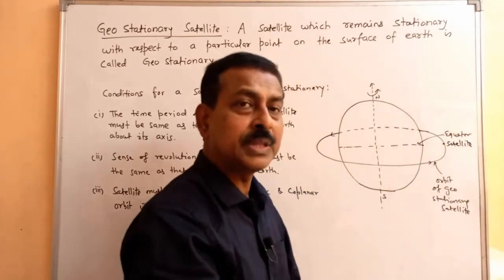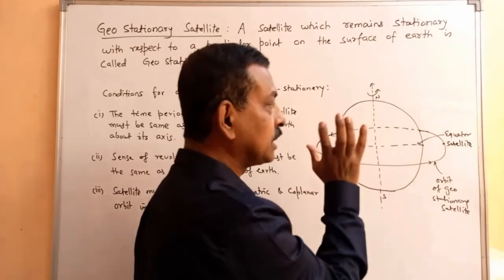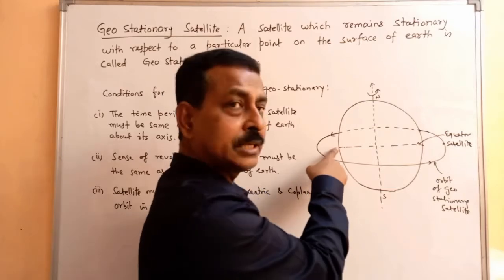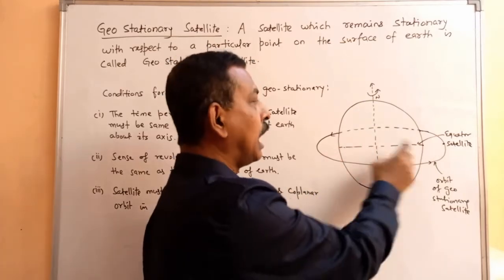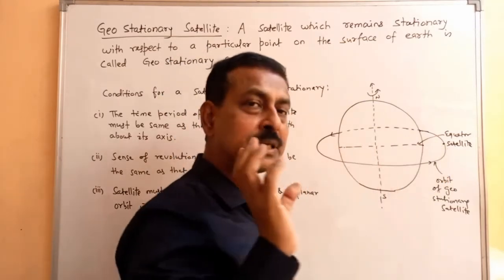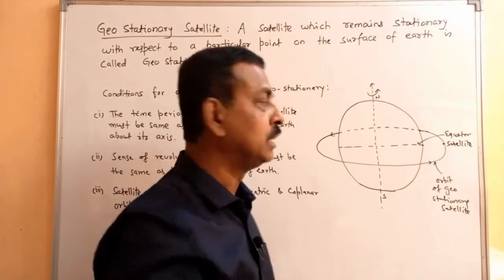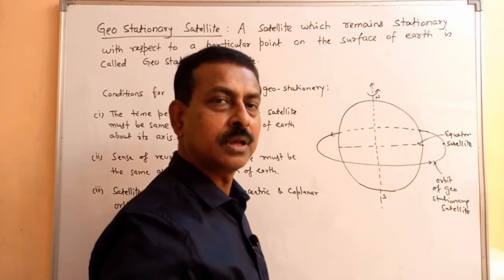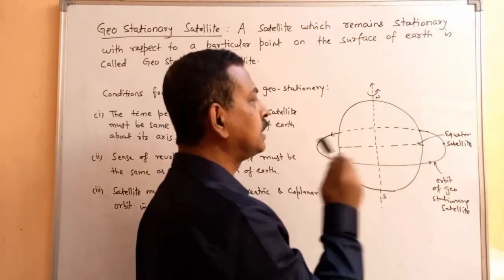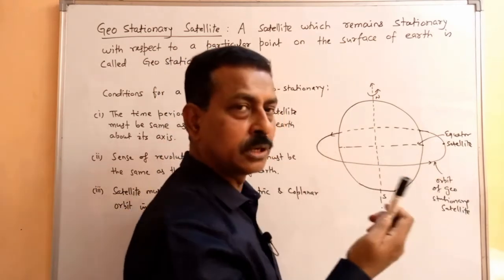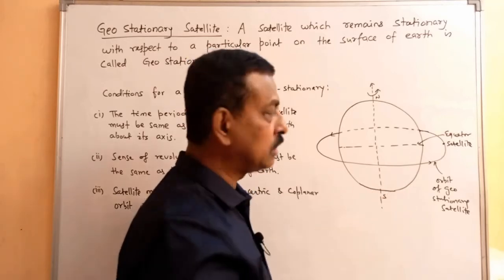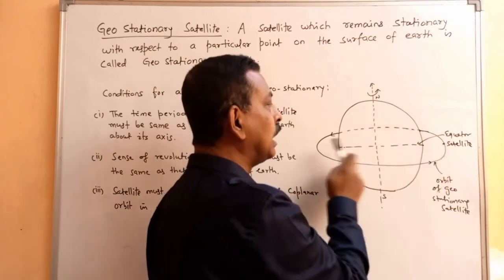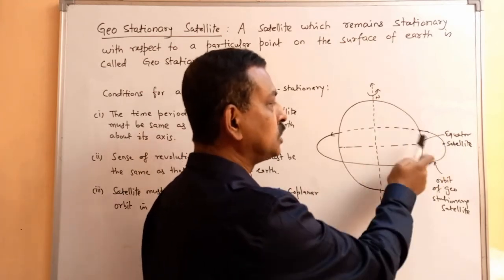Now if Earth takes 24 hours, after 12 hours this particular point will be somewhere here, so the satellite will also complete its half revolution around the Earth and reach this point. In one full revolution taking 24 hours, the satellite will again be here and the particular point will also reach the same point.